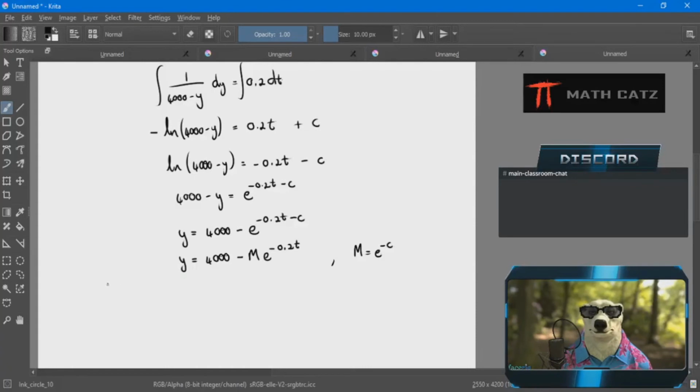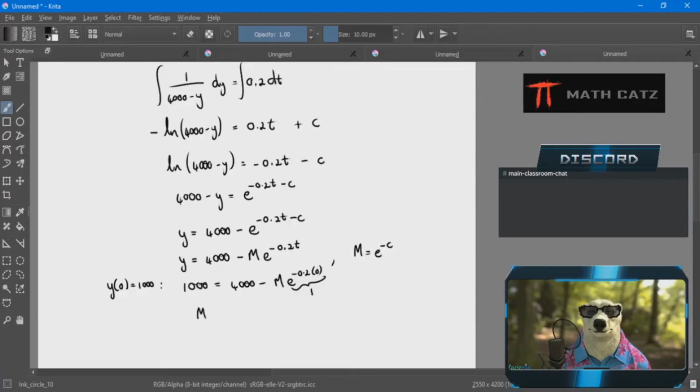It doesn't really matter. It's a constant that I need to resolve. Now I need to use the fact that at the beginning I have 1,000 mountain goats. I can use that now. Plug in 1,000 for y. Plug in 0 for t. And I see that this, of course, equals 1.